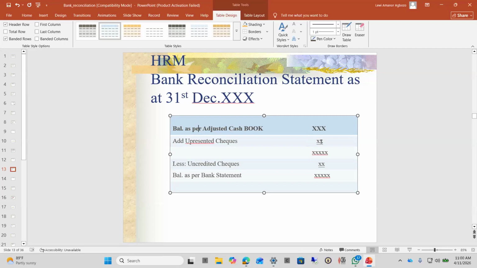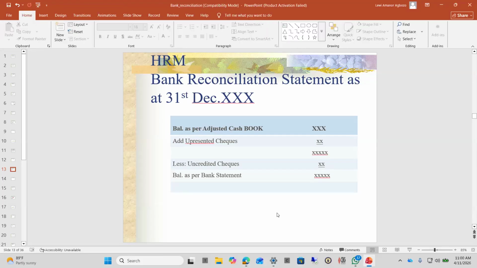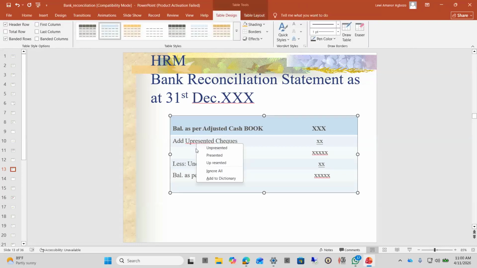The things that you have credited to your cash book, but the bank did not deduct from your bank, is what you are adding back. And the things that the bank has added to you, but you have not debited to yourself, is what you are subtracting. When you do that, you will get the balance that the bank has. So this is the format. Is that okay? Good. Yes, sir.